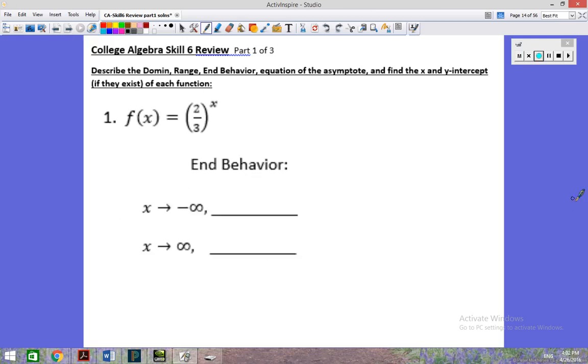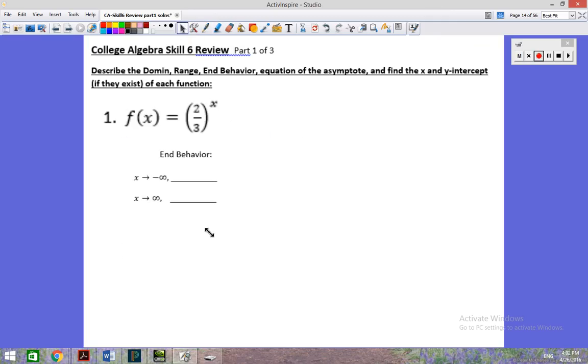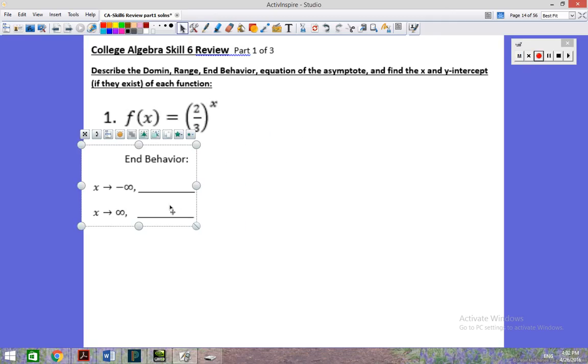The end behavior. Now here we can approach it algebraically, or we can approach it graphically. I would think that approaching it graphically would be easiest, but let's say that we were trying to approach it algebraically. If x is approaching negative infinity, that means that this input into this function is some really, really small value.